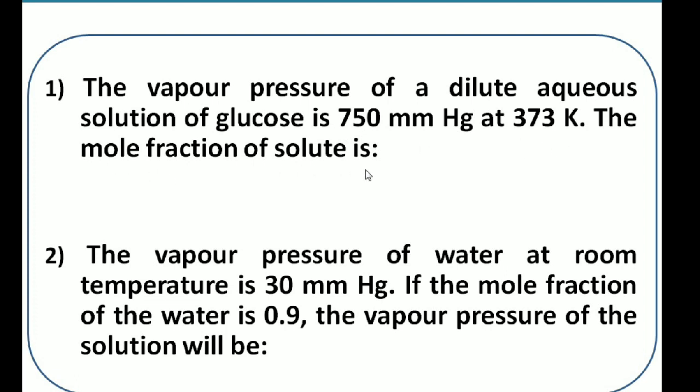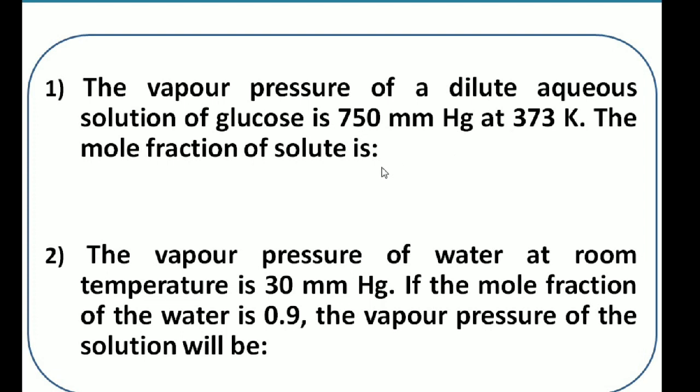The mole fraction of solute is? So students, in this problem, the solvent is water because it is an aqueous solution, and the solute is glucose. The vapor pressure of the solution is given as 750 mm of Hg at 373 Kelvin. So we should find the mole fraction of solute.